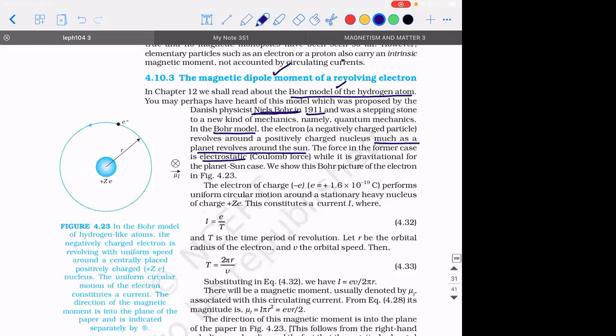So it is because of this motion of the electron in a particular orbit that we are able to say that magnetism is exhibited by materials.